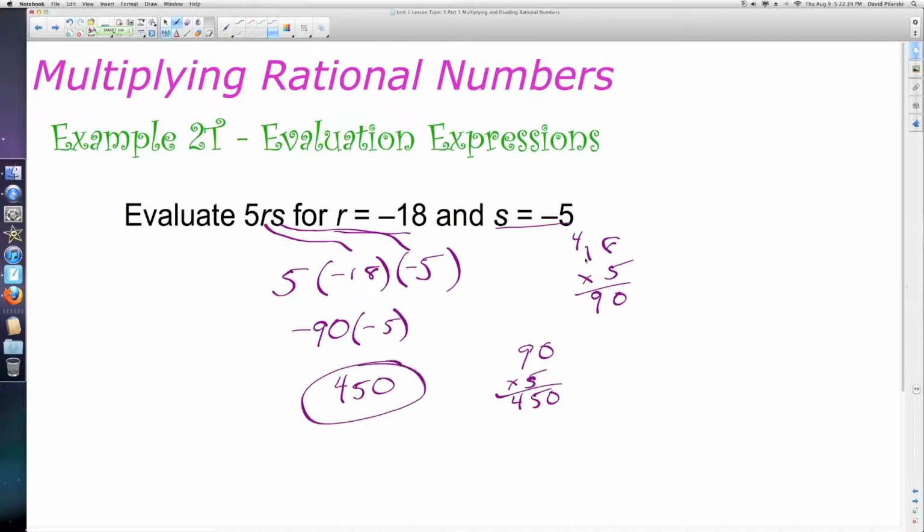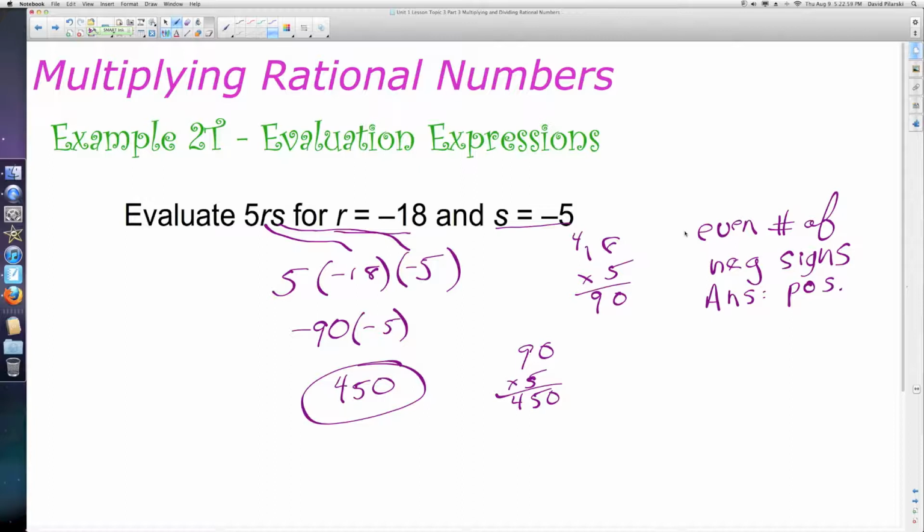Now there's a really cool thing if you have an even number of negative signs. If you have an even number of negative signs, the answer is going to be positive.